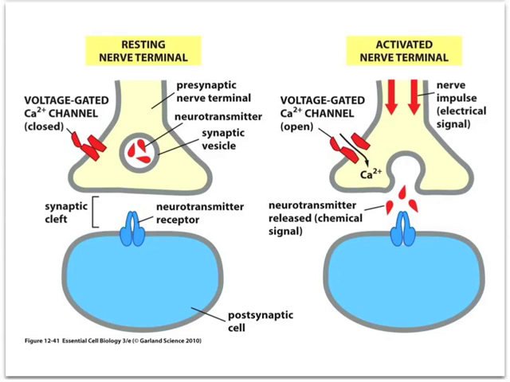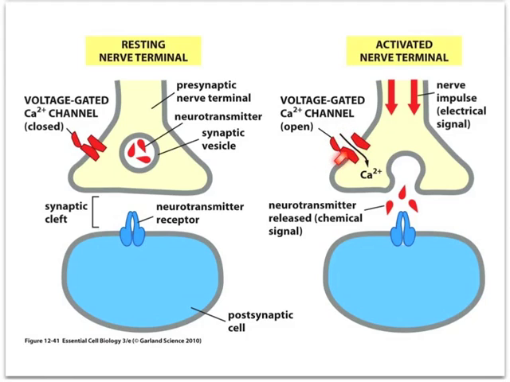To finish this movie, let's take a very brief look at what happens at the end of those nerve terminals. In those regions of the neuron, nerve impulses trigger the opening of calcium channels.